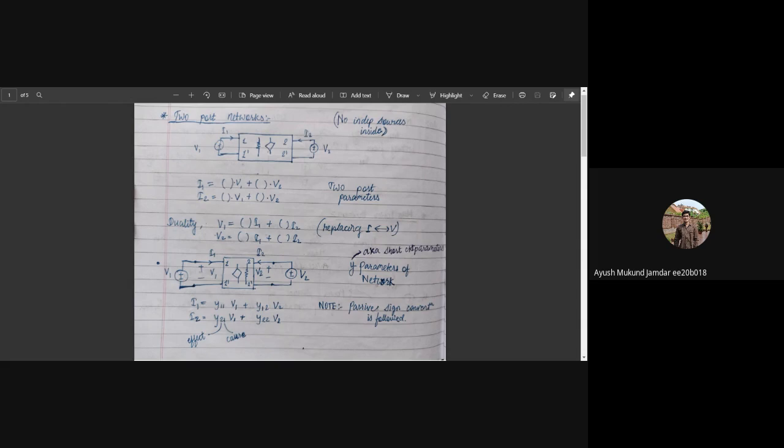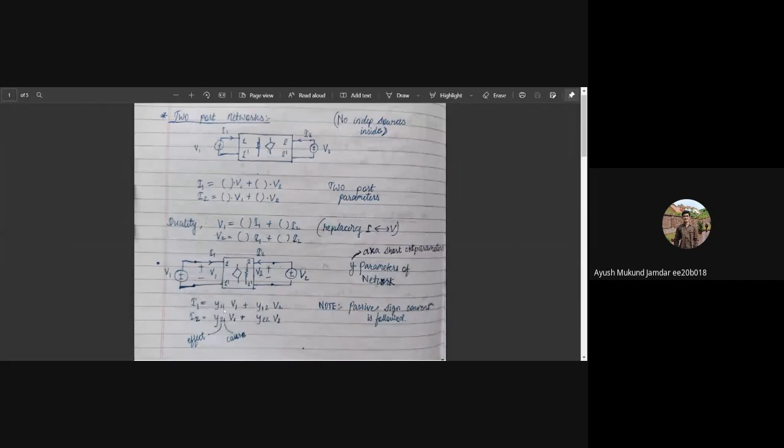So matrices will be used here. Passive sign convention has been followed. Also, Y parameters are also known as short circuit parameters.